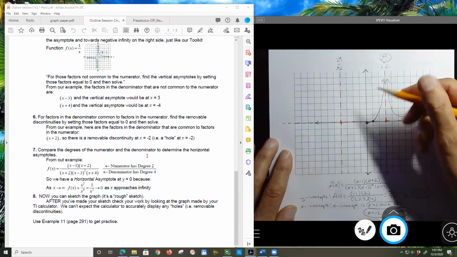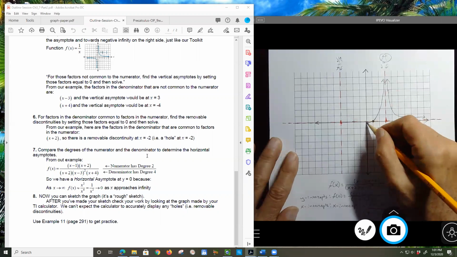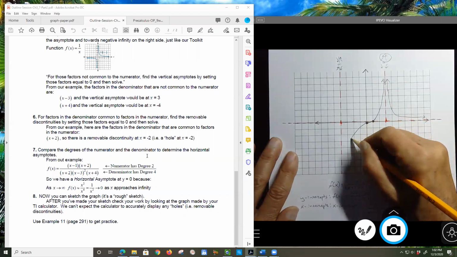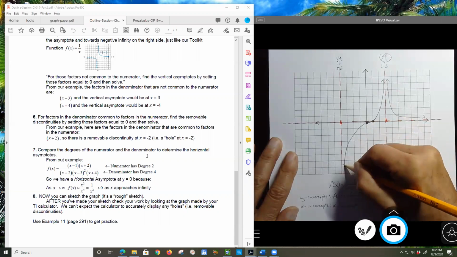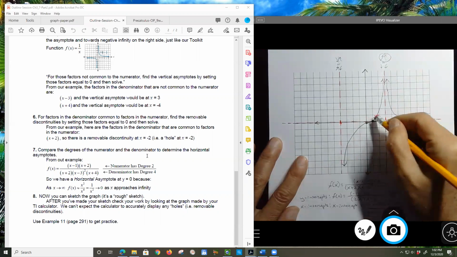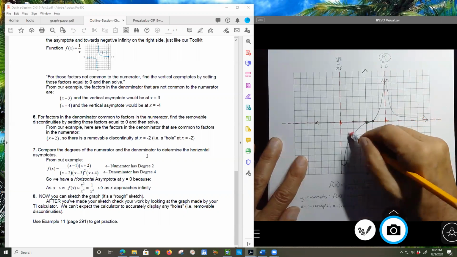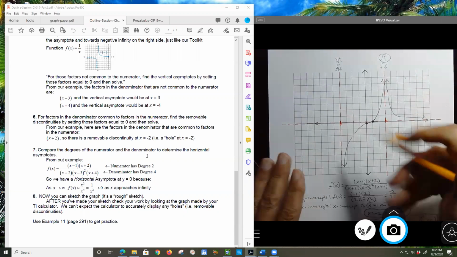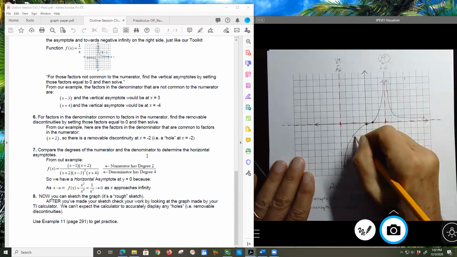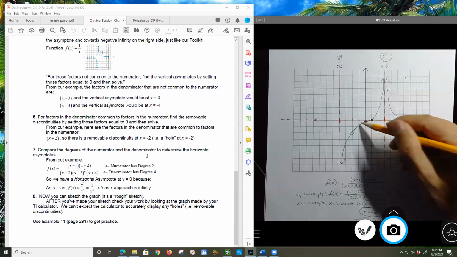That's why I do this in pencil. Usually I'll draw this in and then erase my little hole and put a circle there. Now I can see where my line crosses, so I can erase and put a circle. There's my hole, my removable discontinuity.